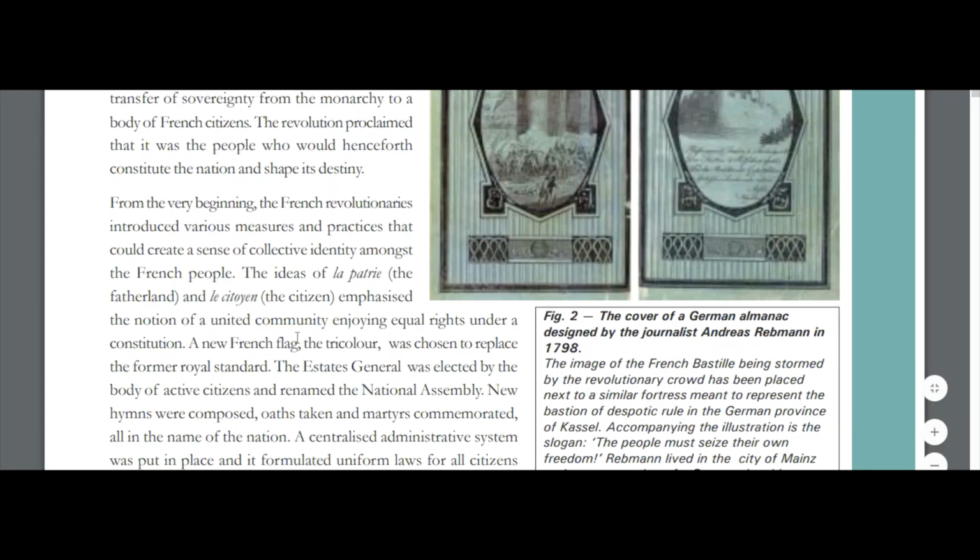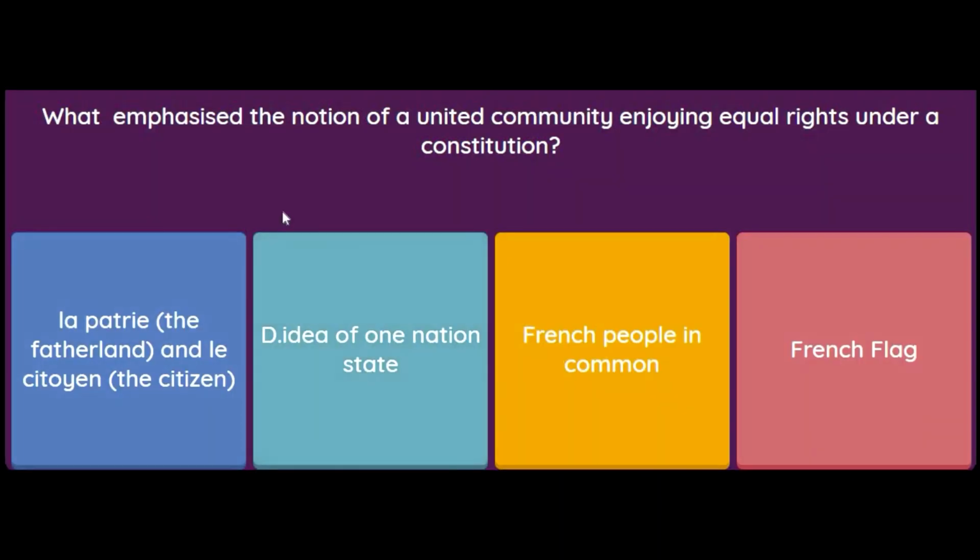So students, we will refer to the book again. The ideas of la patrie, the fatherland, and le citoyen, the citizen, emphasized the notion of a united community enjoying equal rights under a constitution. So we know the answer. The emphasis was la patrie, the fatherland, and les citoyens.